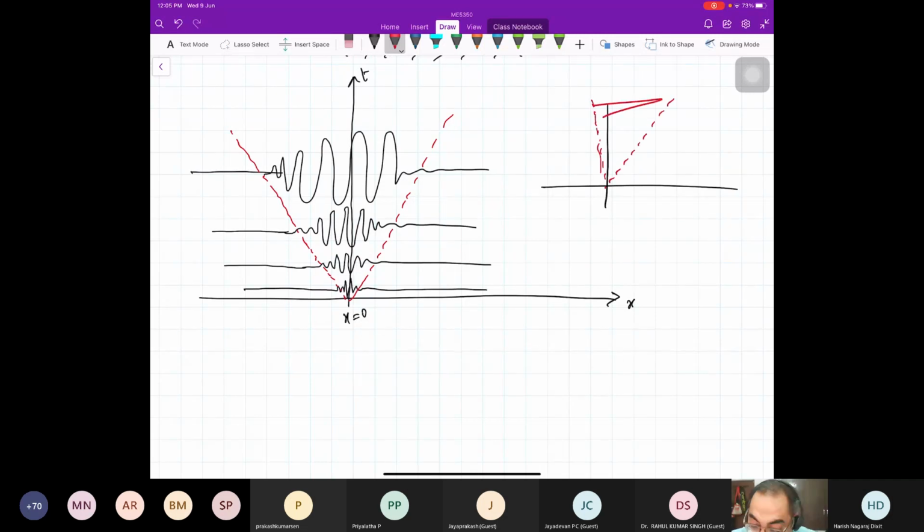The only thing that matters is: does this envelope cover the original location, x equal to 0? If the envelope is engulfing the x equal to 0 location, the original location, then it means that the disturbance is growing there itself. This kind of instability is called absolute instability.